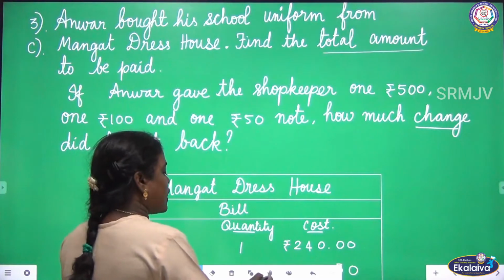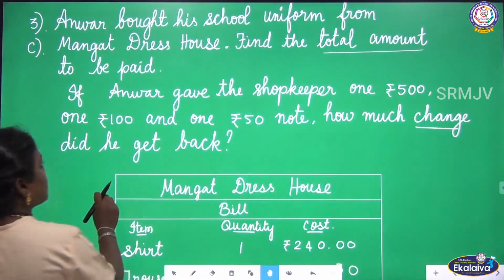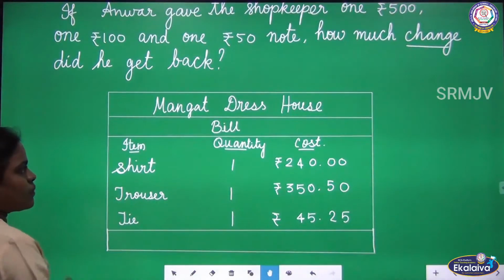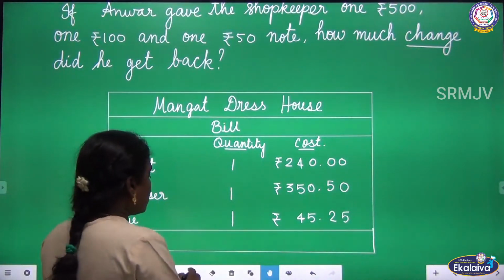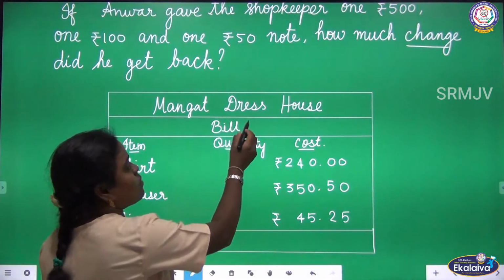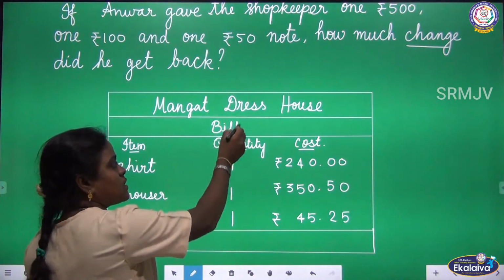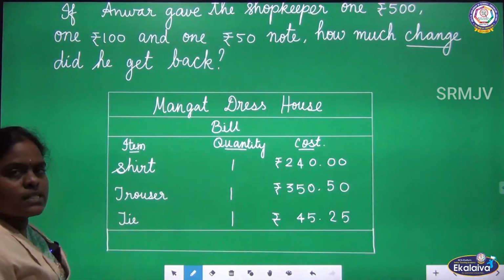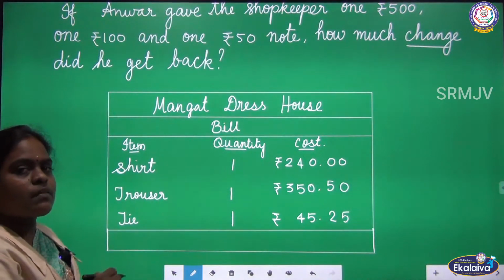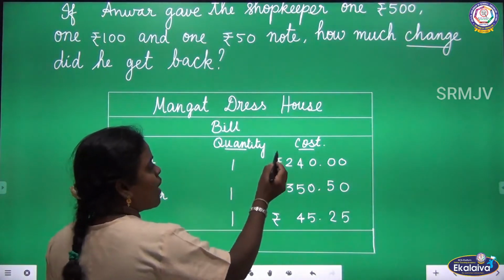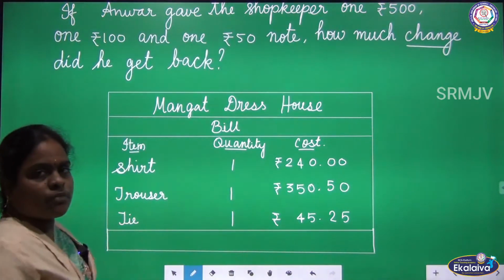Here listen, children. The copy of a bill is given. First in the bill we have to mention the name of the shop, then the item whichever we are purchasing, then quantity and the cost of the thing.